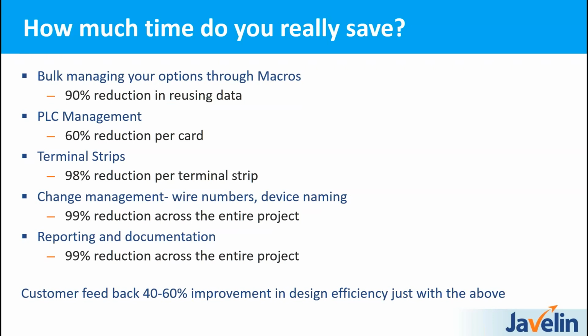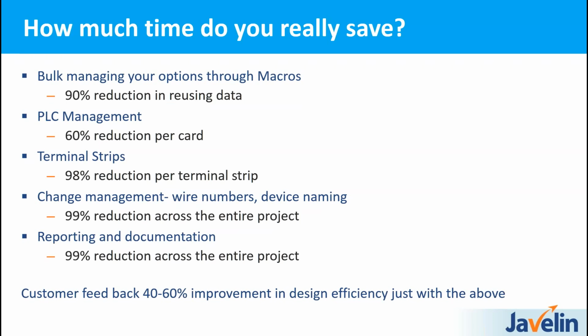If you're doing PLC management, as compared to tools that are not intelligent, you should see about 60% reduction per card. Terminal strips should be very easy to manage, and reporting should see a good 90-99% reduction once you're set up, of course. There are so many reports out of the box, and if you want to set that up, that's great. If you want to customize them, you can.